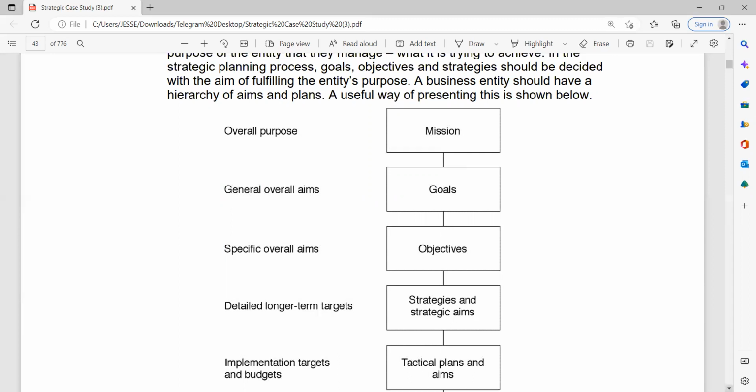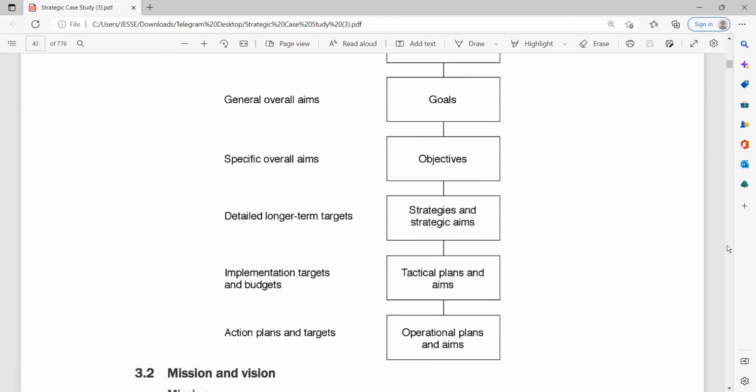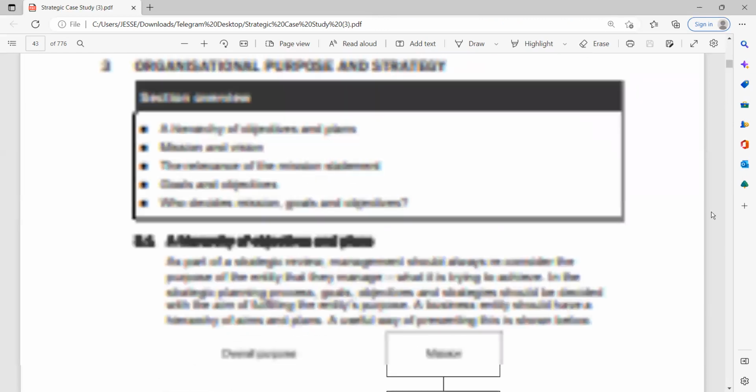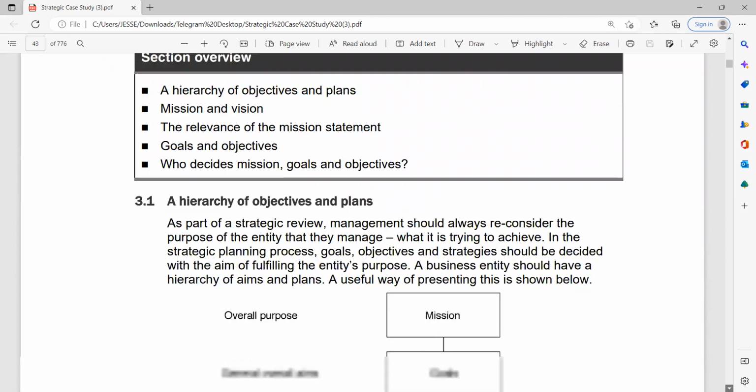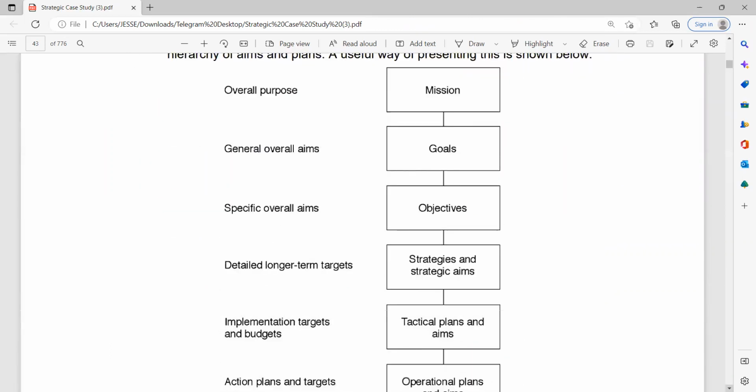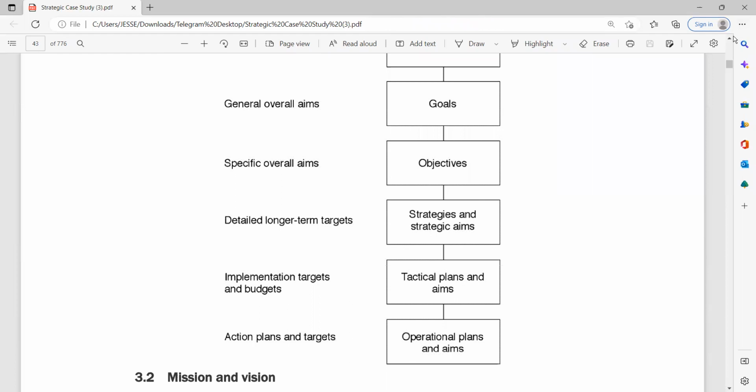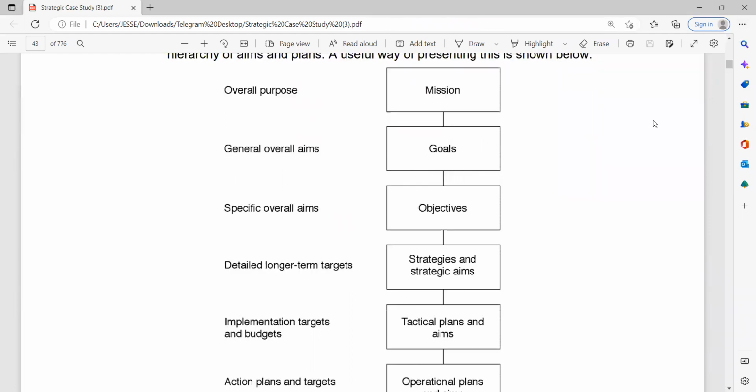The acronym I use for this, which might be helpful for you, is MGOSTO, and this sort of rhymes. So you have mission, goals, objectives, strategies, tactical plans, operational plans.